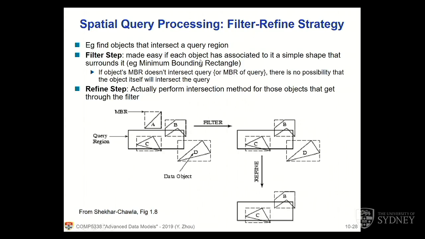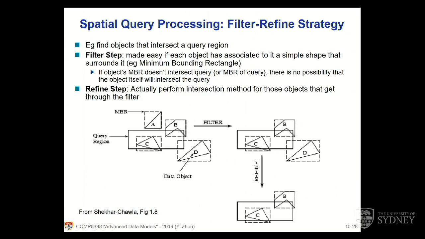We associate each object with a rectangle that bounds it. We call that the minimal bounding rectangle. If this is a triangle, this is its minimal bounding rectangle. If this is an irregular shape, that's its minimal bounding rectangle. We always put them in the smallest rectangle that covers all of it.